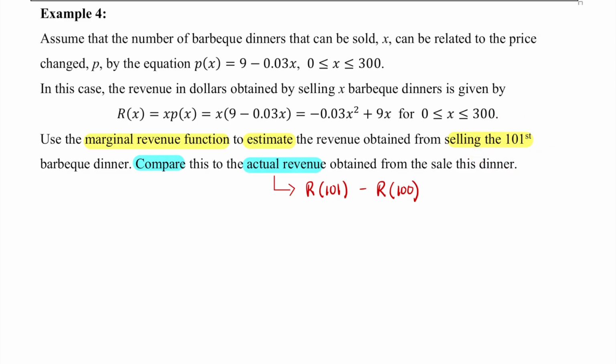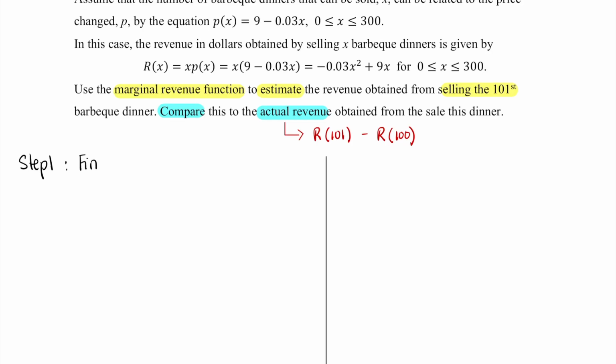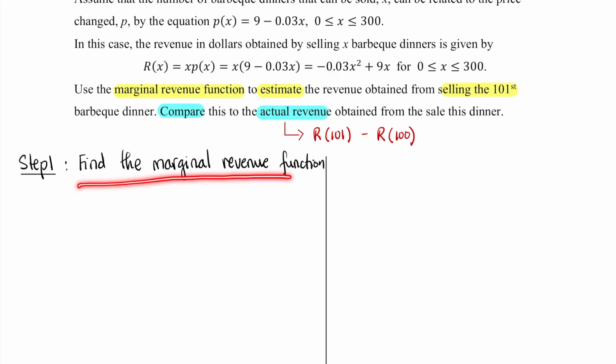So our plan is, first, find the marginal revenue function by differentiating the revenue function. Then, evaluate it at x equals 100. After that, compute the exact value and compare the result. Step 1. Find the marginal revenue function. We start with the revenue function, negative 0.03x squared plus 9x.